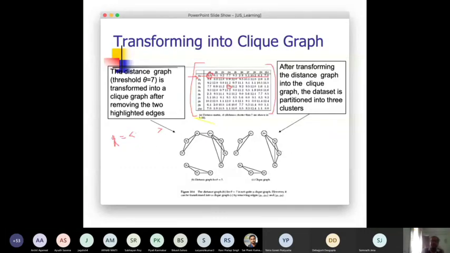So in this way, you get a distance matrix. And now if you put a distance threshold of 7, you get this kind of distance graph. This is one kind of problem in your scientific study, where you may get this kind of distance graph, and possibly this transformation can make it a click graph.